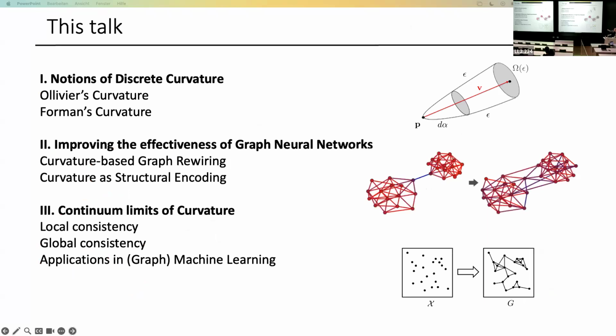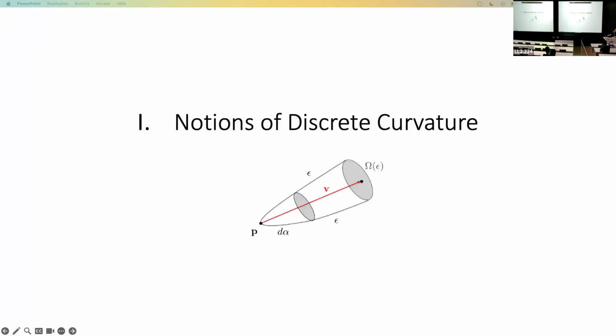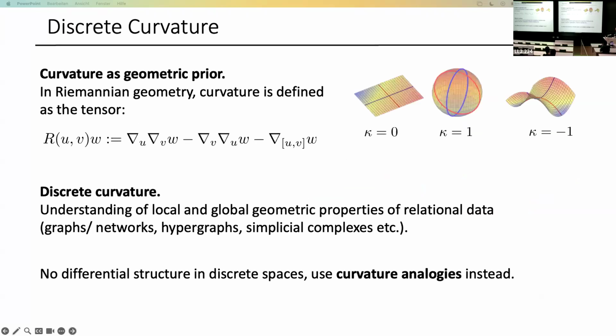So in the first part, we are just looking at notions of discrete curvature so that we understand how to actually compute this, and then looking at implications for graph neural networks, and looking at how we can use those notions to characterize the geometry of data. So let me start with notions of curvature. We discussed this already a little bit, right?